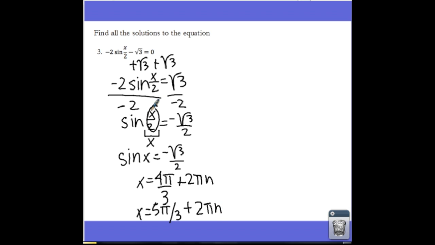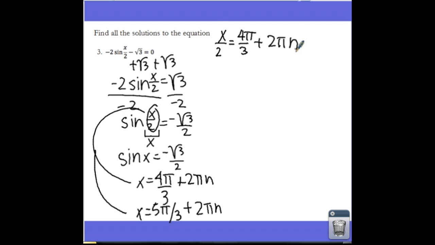Now, like the others, we'll take x over 2 and substitute it in for x in the solutions. So now we have x over 2 equals 4 pi over 3 plus 2 pi n. And we'll multiply both sides by 2, leaving us with x equals 8 pi over 3 plus 4 pi n.